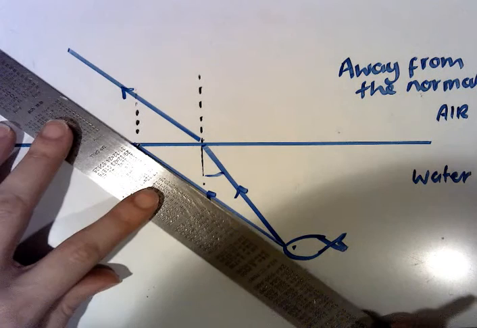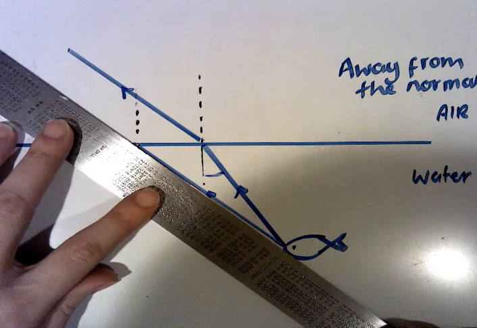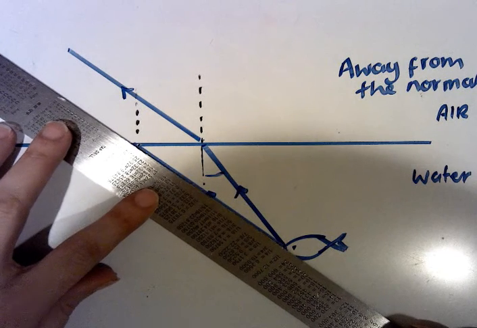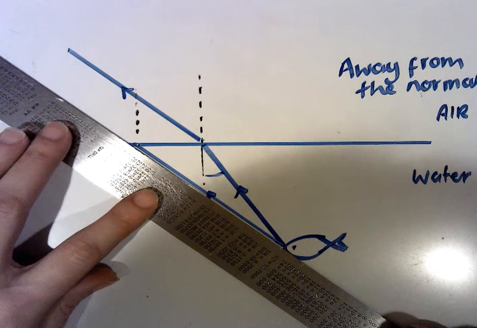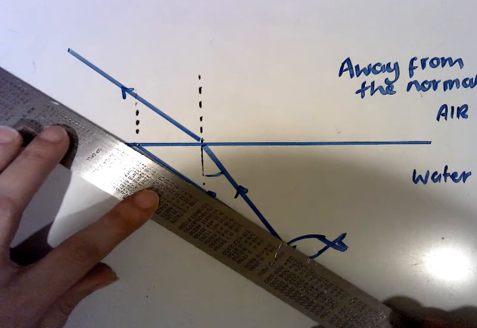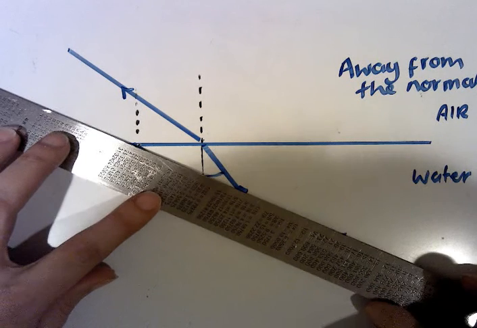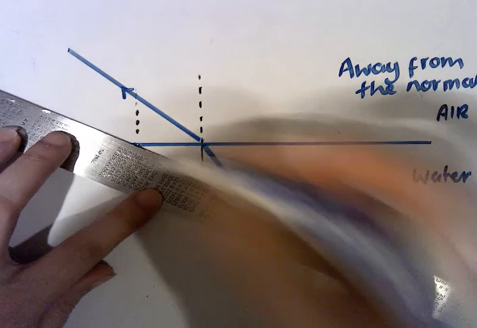So if we were moving without the change in substance from water to air, we would go along this line, but because we're going from more optically dense to less optically dense, again it's going to move away from the normal line, and so our ray will go in this direction.